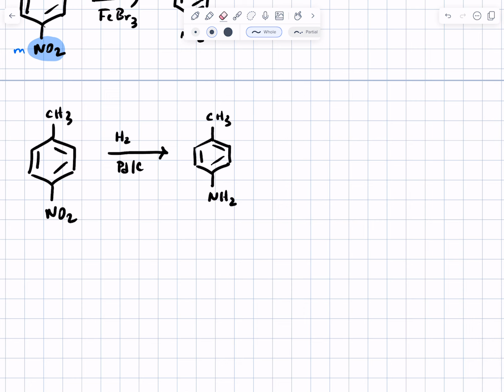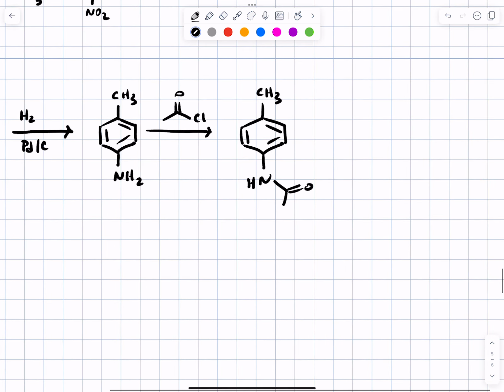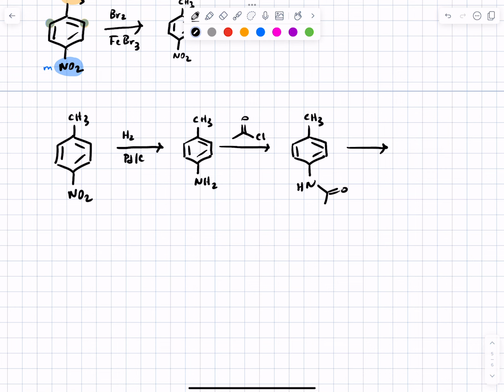And maybe let's do something else to the aniline first, just for fun. Let's go ahead and make the acid chloride. We'll do the amide bond formation with the aniline to turn it into this amide. And then let's suppose after that we want to do the bromination reaction.